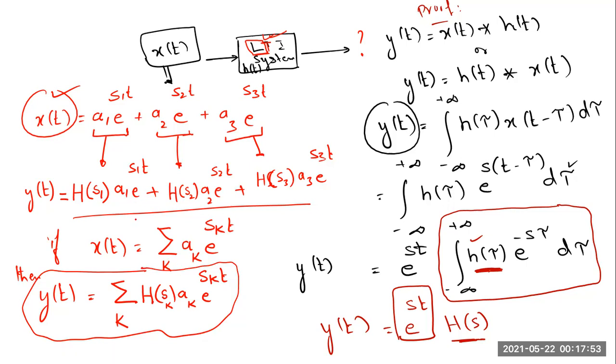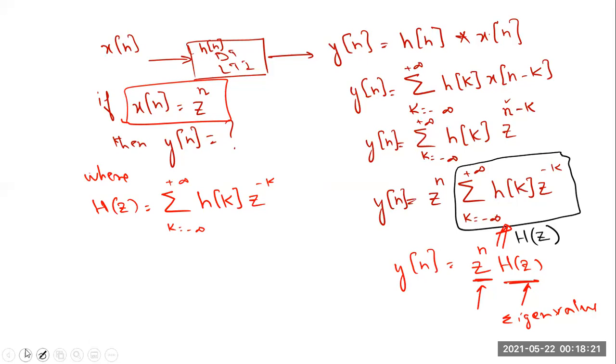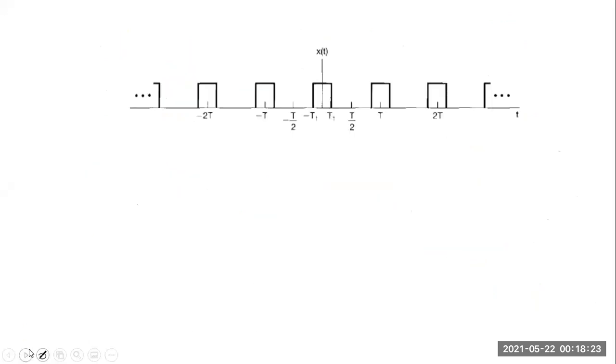Now, coming back to the Fourier series. In the case of Fourier series, this complex exponential signal, which I represented as e to power st, where I mentioned that s is complex. But for Fourier analysis, we will only consider a special value of s, and that is when s is purely imaginary.